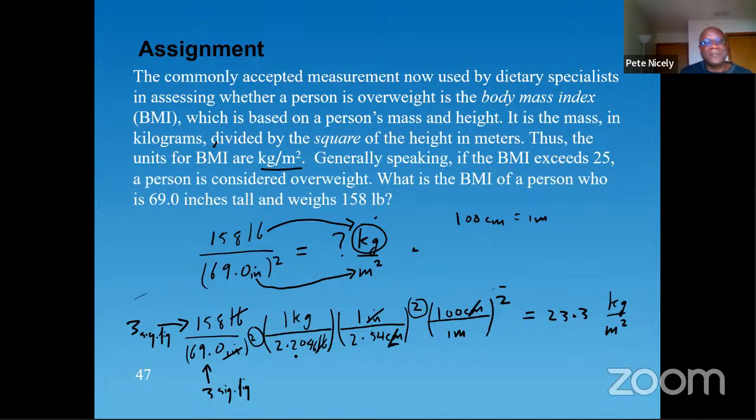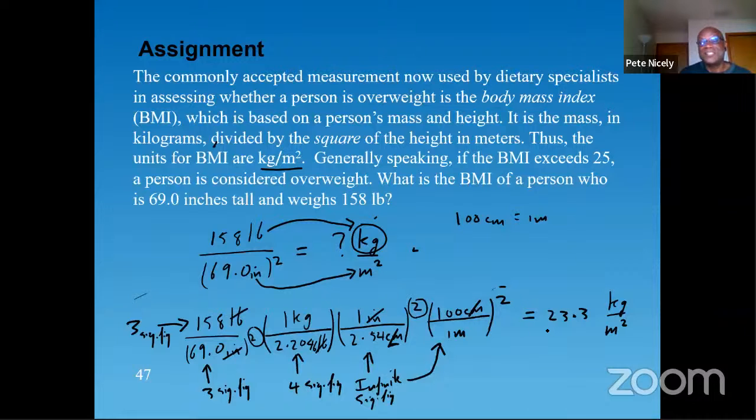This here, the number of sig figs here is 4. This is an exact relationship, so this has an infinite number of sig figs. And this is also exact, so also has an infinite number of sig figs. So this would be the final answer.